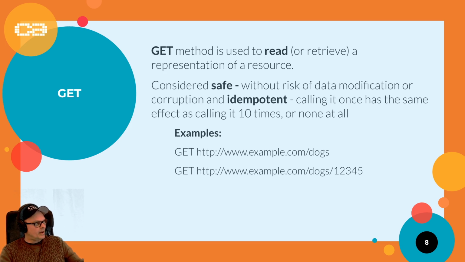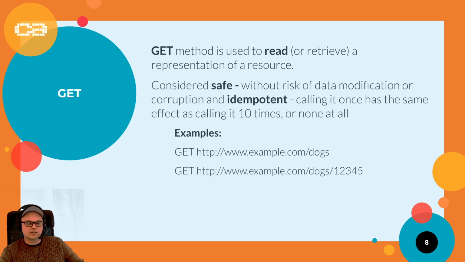Now, the HTTP verbs are used to differentiate what sort of request you are making. The most common request that you are doing when you, let's say, open up your browser and you type in a URL and hit enter to navigate to whatever site, Facebook, whatever site you want to go to, that is a GET request.